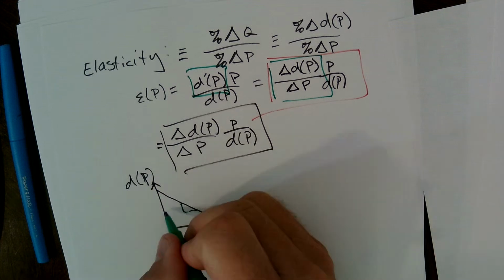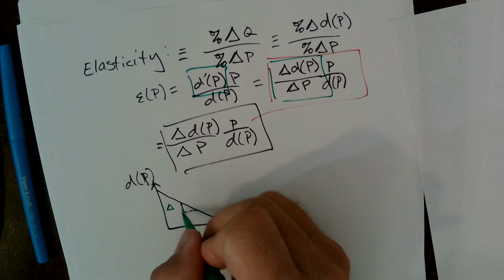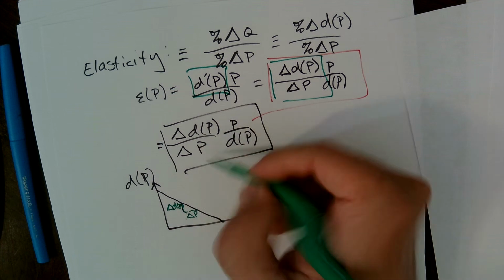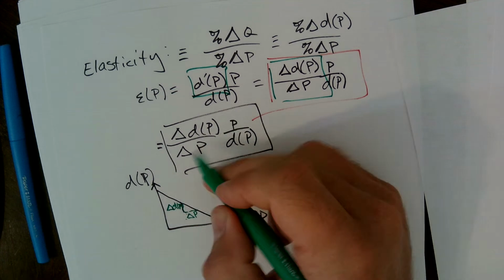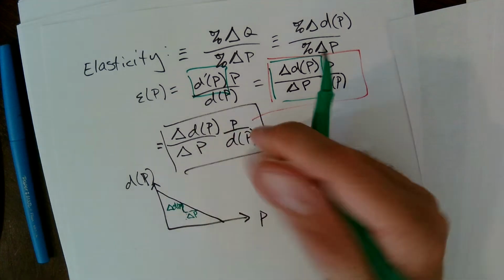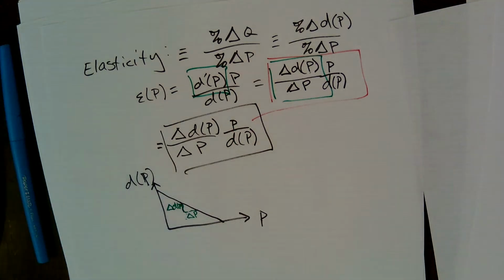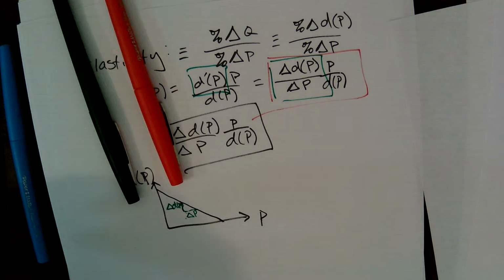Here's the rise, the change in D of P, over the change in P. Remember, it's rise over run. There we go. Slope of your price response function times P over D of P. That's what we've got there. That's it. So that's the elasticity calculation, to give you clarification of 3.8. That's equation 3.8 in your text.